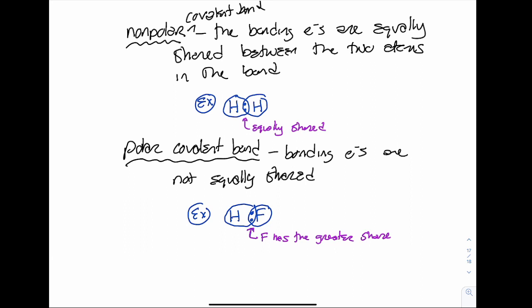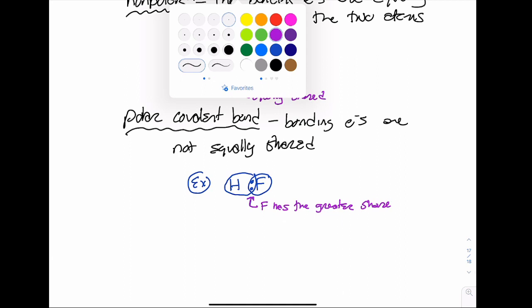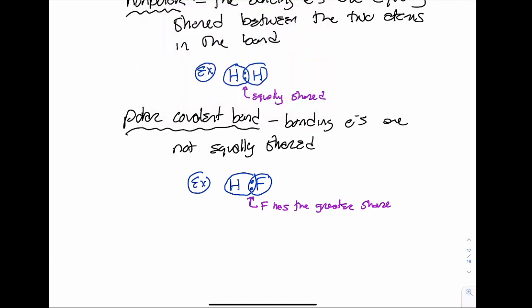Now, hydrogen's still holding on to that rope. It's not ionic. So kind of a stalemate, right? Fluorine's winning but has not won.